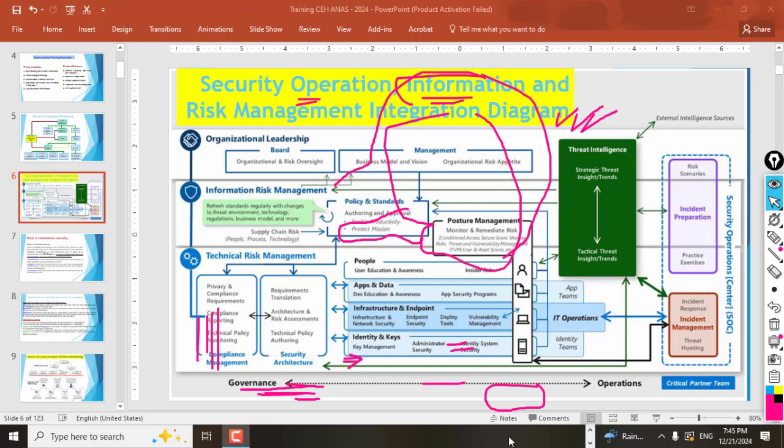Also they can do automated response using artificial intelligence, can automate the response to detected threats, such as isolating compromised systems or blocking malicious IP addresses, and can speed up or accelerate the mitigation process. Also it can help create integration with approaches like SOAR, security orchestration, automation and response.